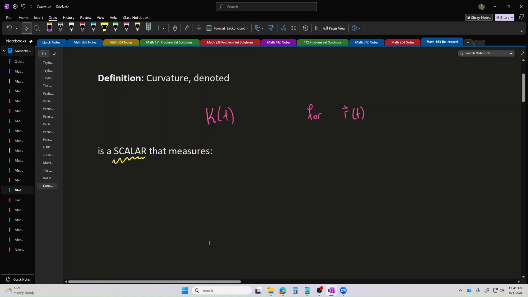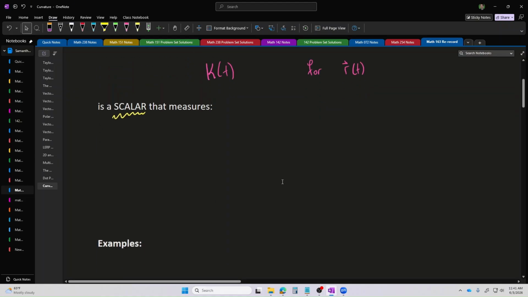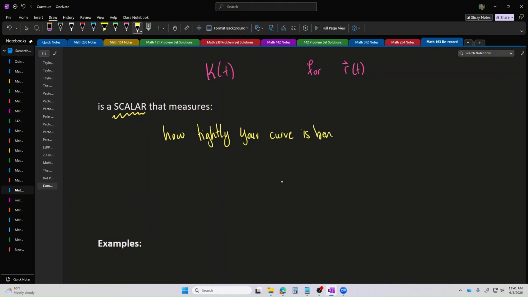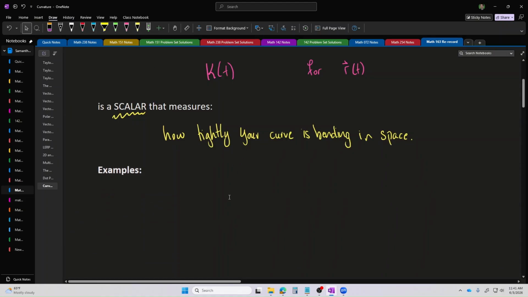Specifically, it is a scalar that's used to measure how tightly your curve is bending in space. So for example, if you have a curve that looks maybe like this, this is a curve that is bending very tightly through space.